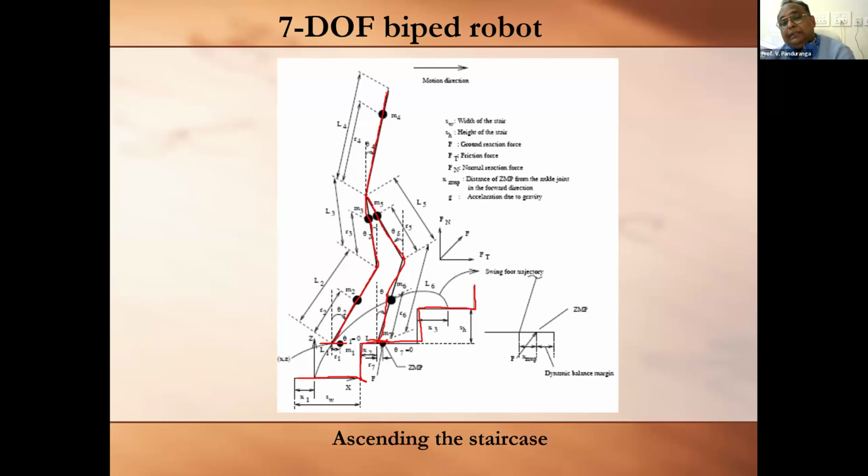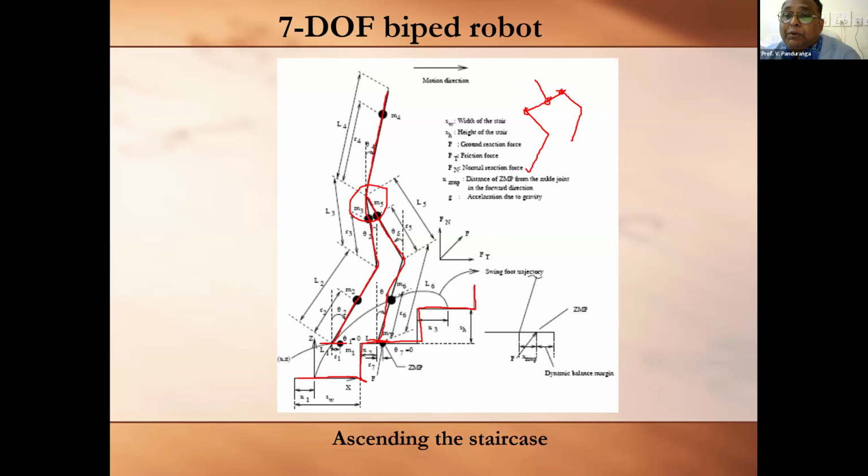So this is the 7 degrees of freedom robot, and here at this junction we will be having three joints. One leg will be coming like this, another leg will be coming like this, and there is a joint here, one joint with this leg, another joint with this leg, one joint with the trunk.